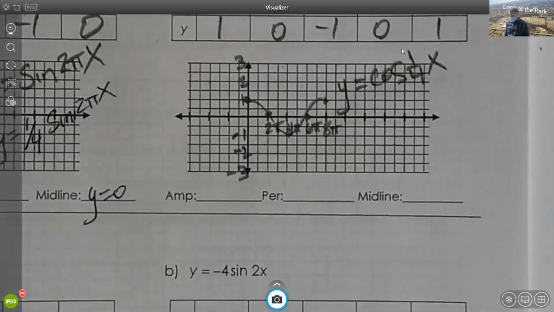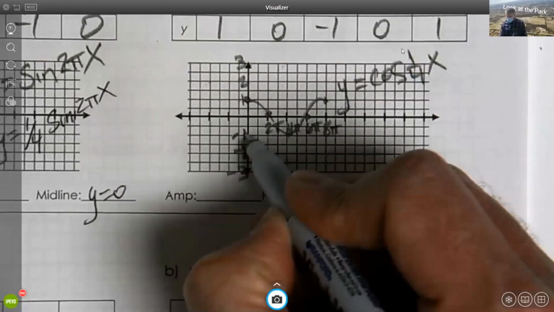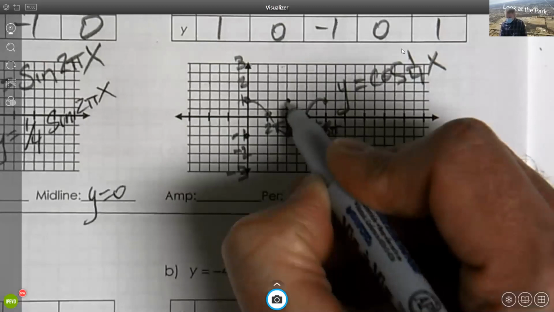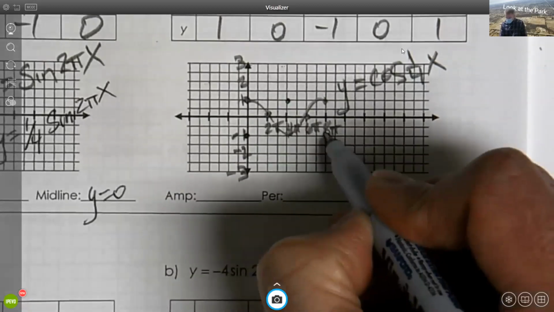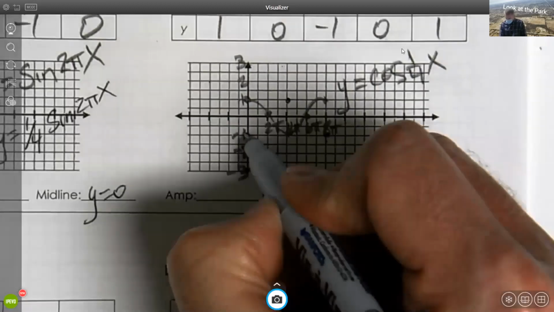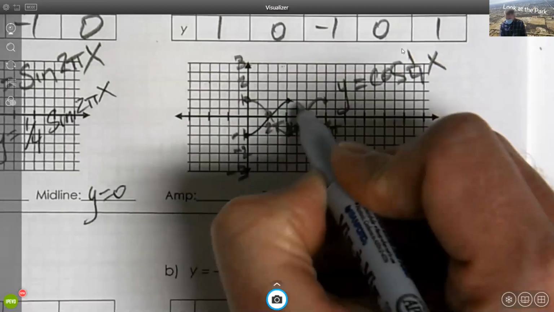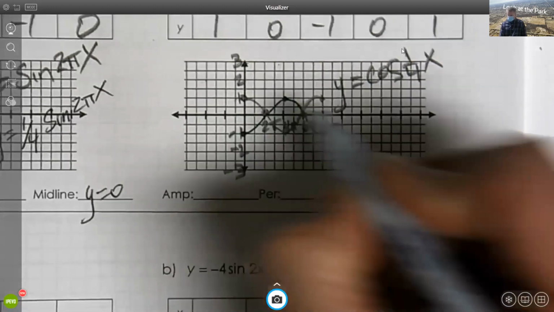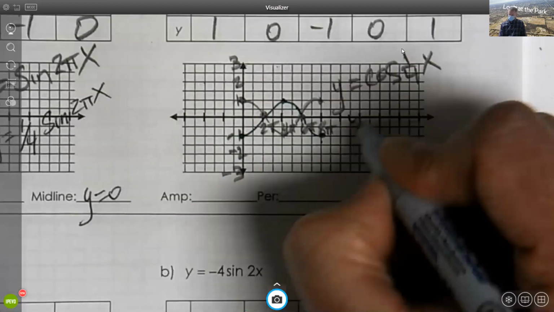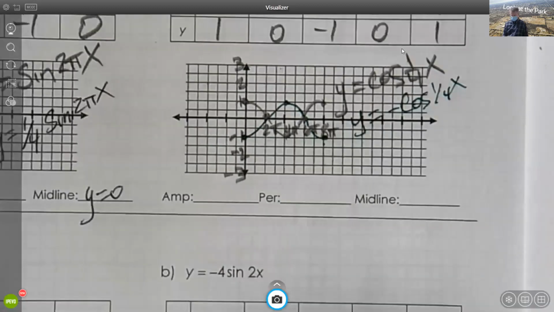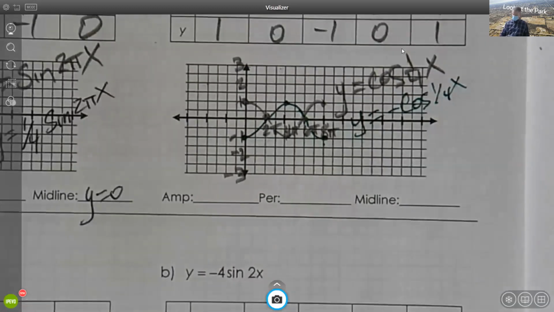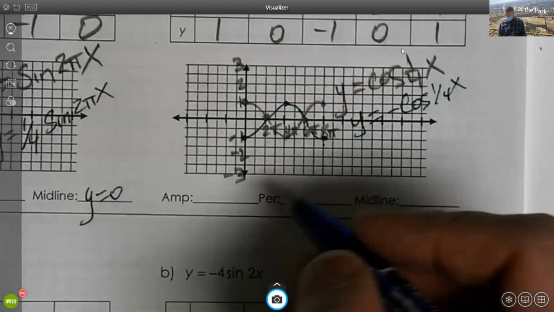Okay, so we look back at our graph and we notice that there's a negative, so we're going to reflect this. So that's y equals negative cosine of 1/4 x. And then we can stretch that out to 3.